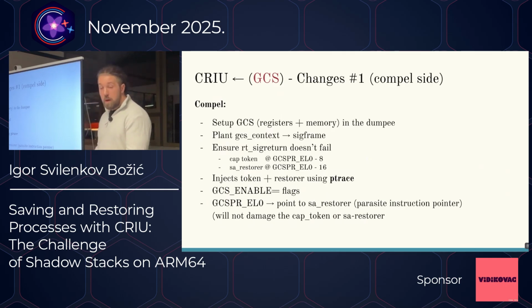Why? Because once you're dumping stuff, and maybe you remember at the end of that, there's a sigreturn. So if something is wrong on the GCS stack, you manipulate it, you have to adjust that so that it passes all that security bureaucracy.